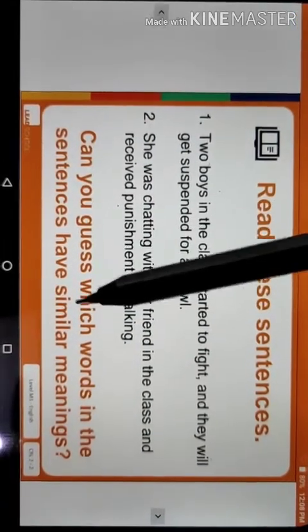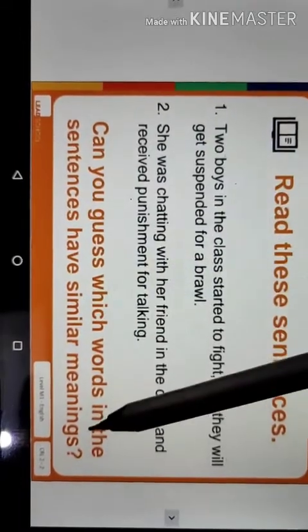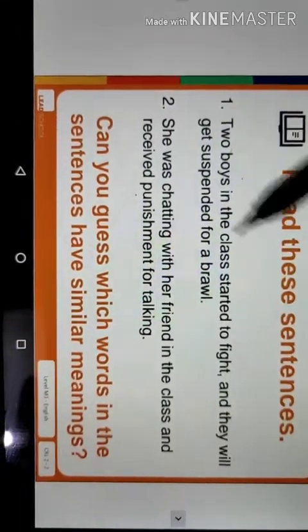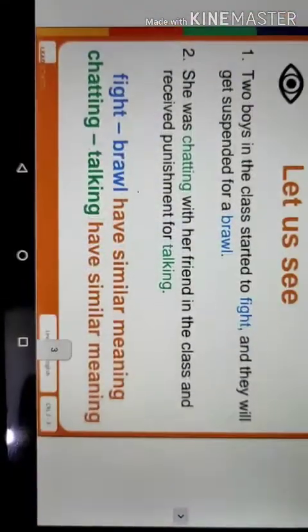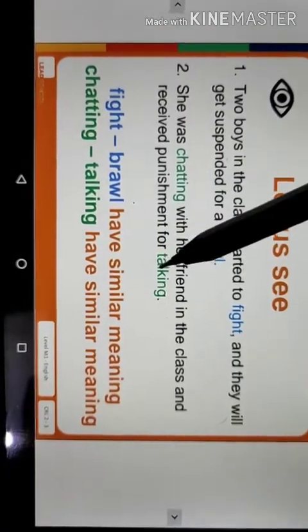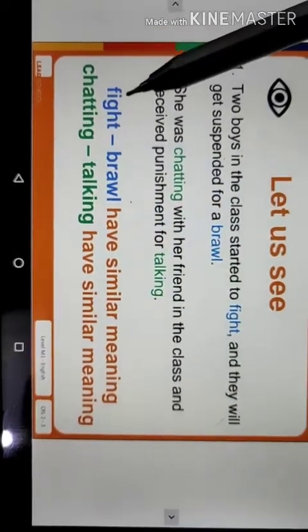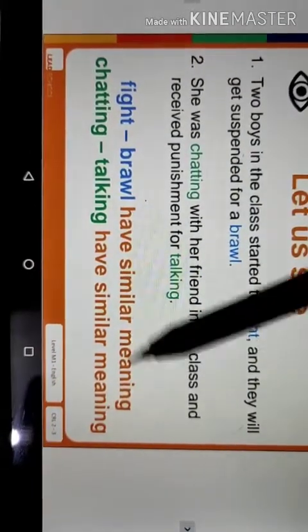Can you guess which words in the sentences have similar meaning? Just try to guess. Let's see. As you can see, the words are highlighted. Fight and brawl, they have similar meaning.